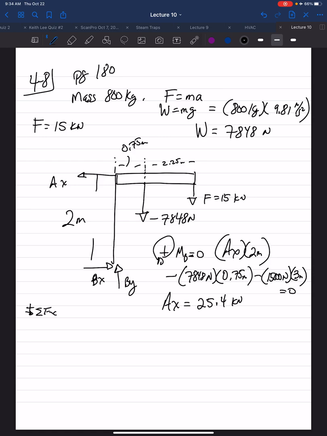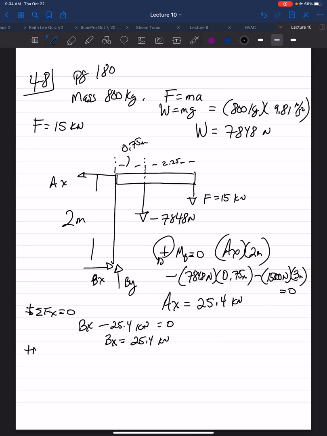Therefore, take our sum of forces in the x direction, set it equal to 0. You have BX minus AX, which is 25.4, equals 0. There are no other forces in the x direction, therefore BX equals 25.4 kilonewtons.